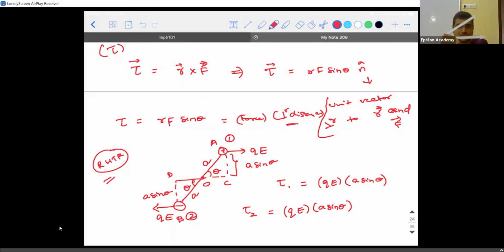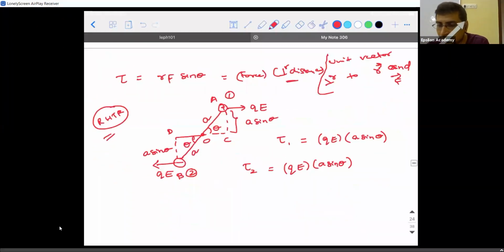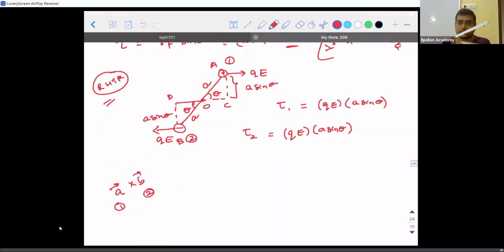A vector, B vector. Listen to this and write it down in your notes. When you have A vector cross B vector, write it as first vector cross second vector. The meaning is that the second vector should be fixed and the first vector should be rotated from where it is to the second vector in the shortest direction possible.